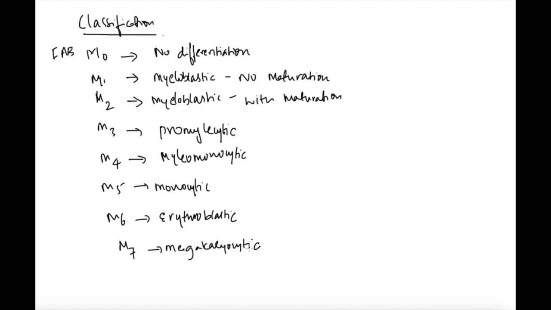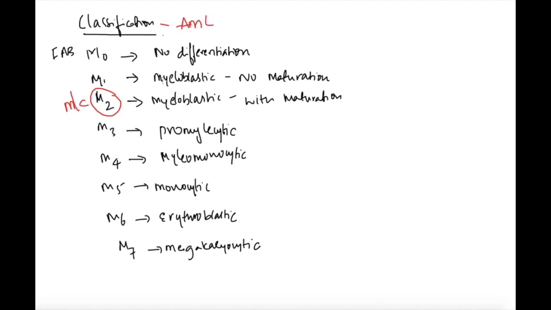There are 2-3 points that you need to remember that I shall highlight in the same table. M0 is not that important, and M1 again is not that important. So which is the most common type? That is the M2 type. M2 is the most common type of AML.